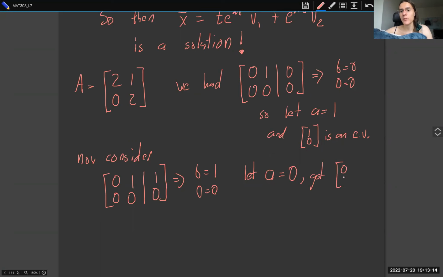That gets (0, 1), and we can't call this an eigenvector. This is not an eigenvector. However, this is v1, and this is v2.